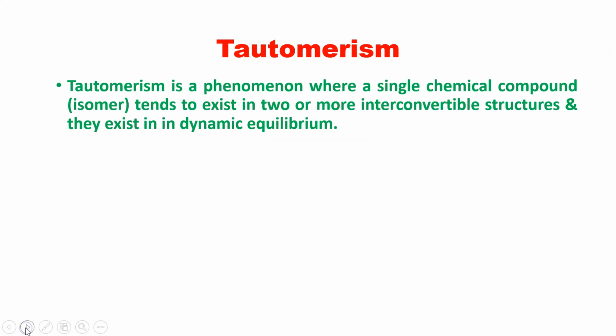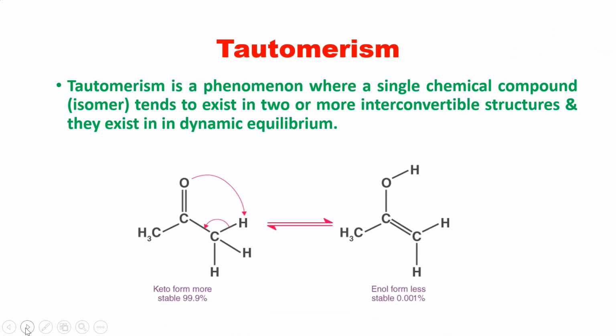Now the last class, that is tautomerism. Tautomerism is a phenomenon where a single chemical compound tends to exhibit two or more interconvertible structures, and they exist in dynamic equilibrium. Say suppose a keto form and enol form.